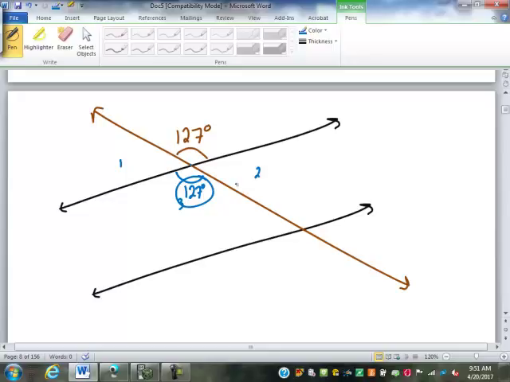What about 1 and 2? What do we know about them? Perfect. They have to be supplements of the original angle. Oops, 180 minus 127. So 53 degrees.